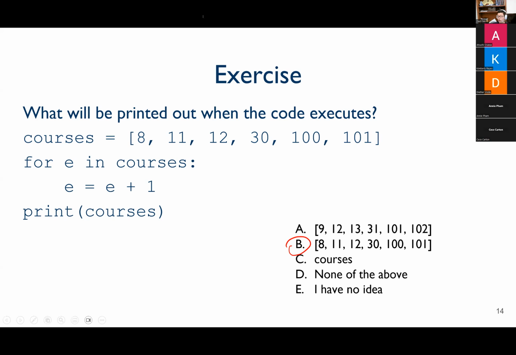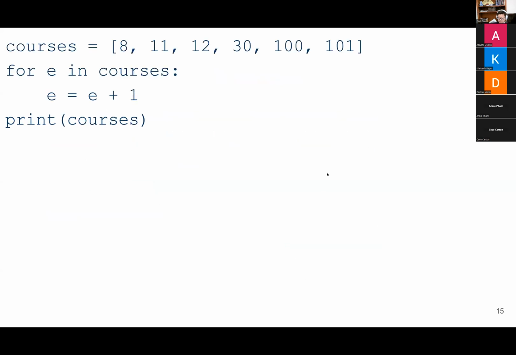Okay, so why? How come this code doesn't increase each of these values by 1? Why does the list stay the same? The idea goes like this. For this for loop, initially, the first value E would take is 8, right?